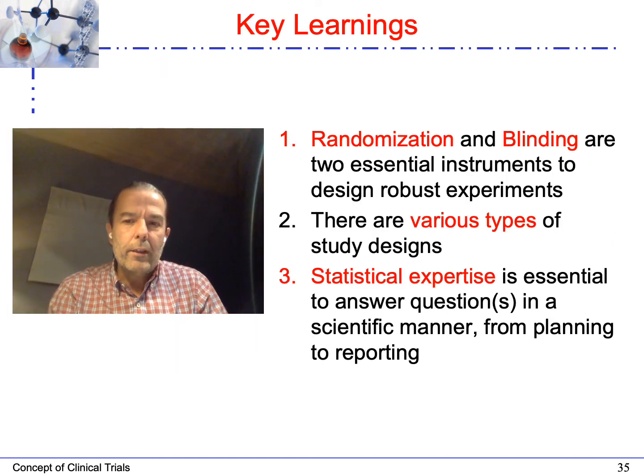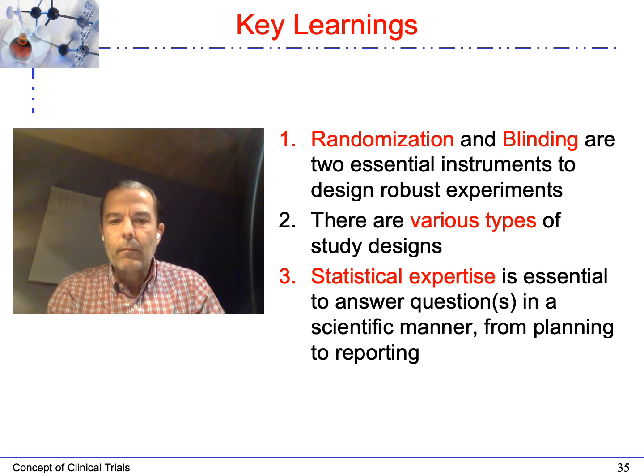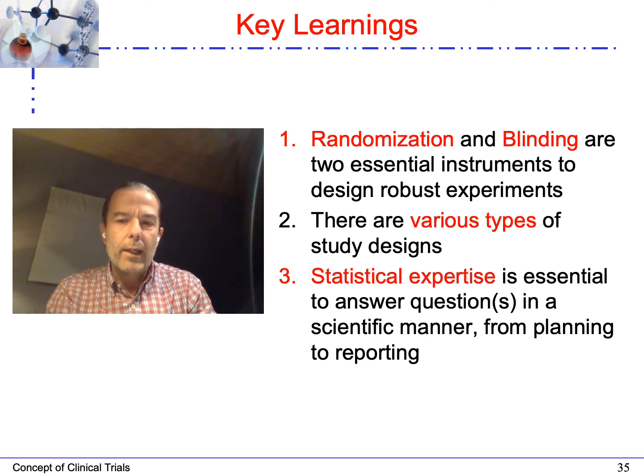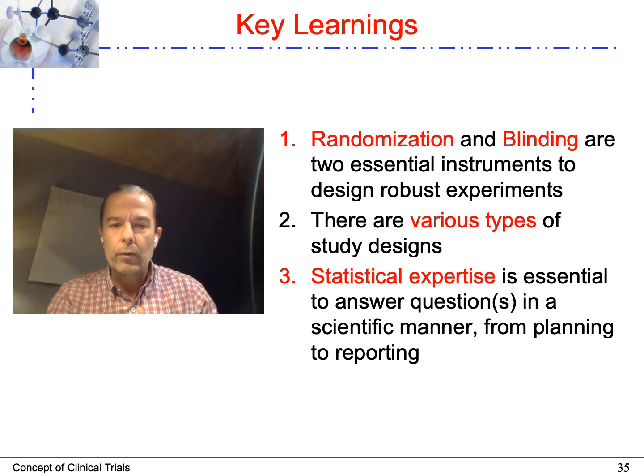So this ends chapter 1 about clinical trials with the following key learnings. First, randomization and blinding are two essential instruments to design robust clinical studies. Second, there are various types of study design, and notably studies ranging from being interventional or non-interventional, with internal or external controls, being randomized or not, with various levels of blinding.